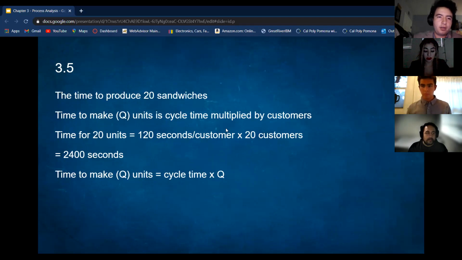And then this equation right here is just a simpler way to say it. It's the time to make units equals the cycle time times the Q, which was the 20 right here. So it's a pretty straightforward equation.